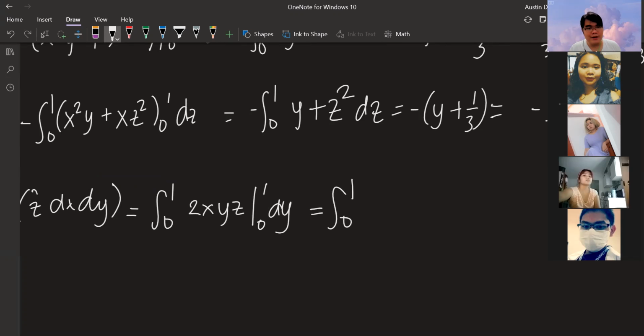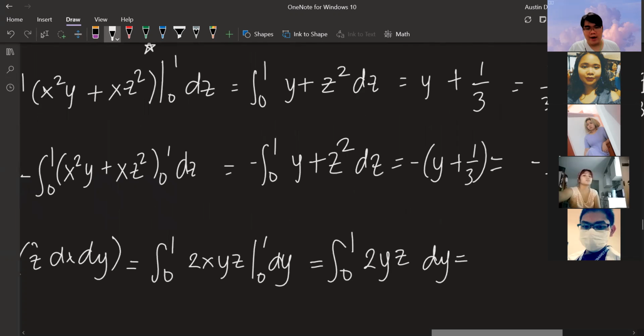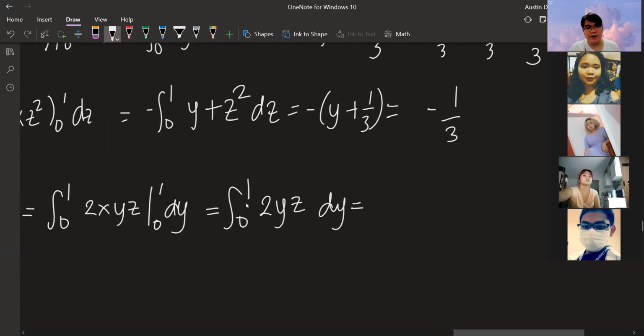So, 0 to 1, ang maiiwan sa atin ay 2yz and dy na lang yung integral natin. And if we integrate y, magiging y squared over 2. Makakancel yung 2 ko. So, I'm left with y squared, 2 times 1/2. So, cancel. May 1 yung z.